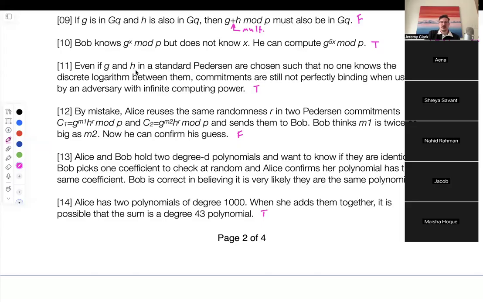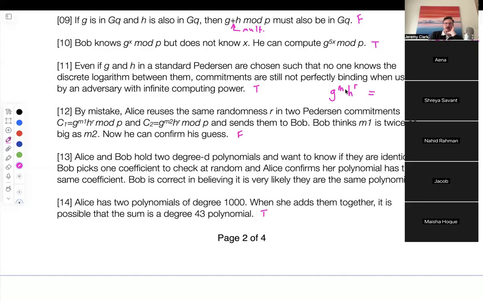Even if G and H in a standard Pedersen commitment, I didn't write commitment, but I think it's implied here, are chosen such that no one knows the discrete logarithm between them, commitments are still not perfectly binding when used by an adversary with infinite computing power. Because with a Pedersen commitment, there will be collisions.